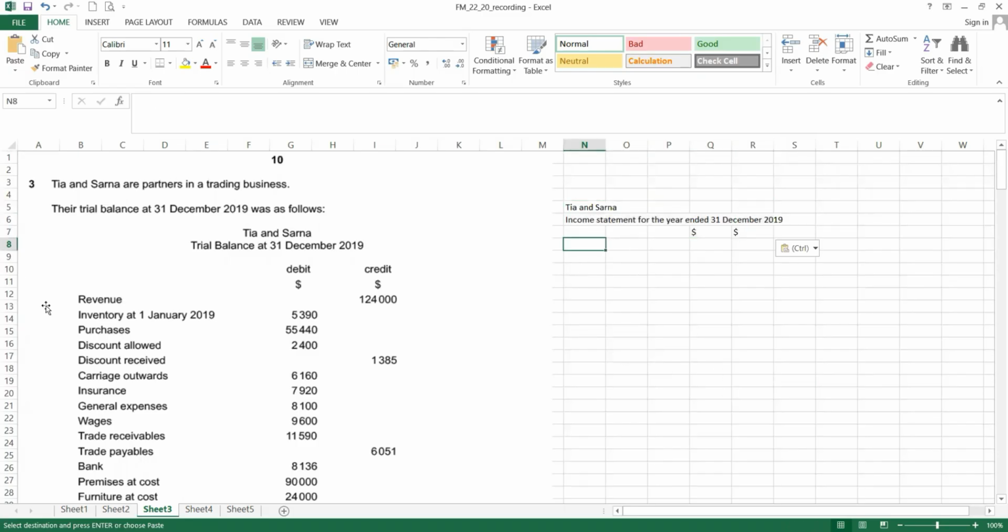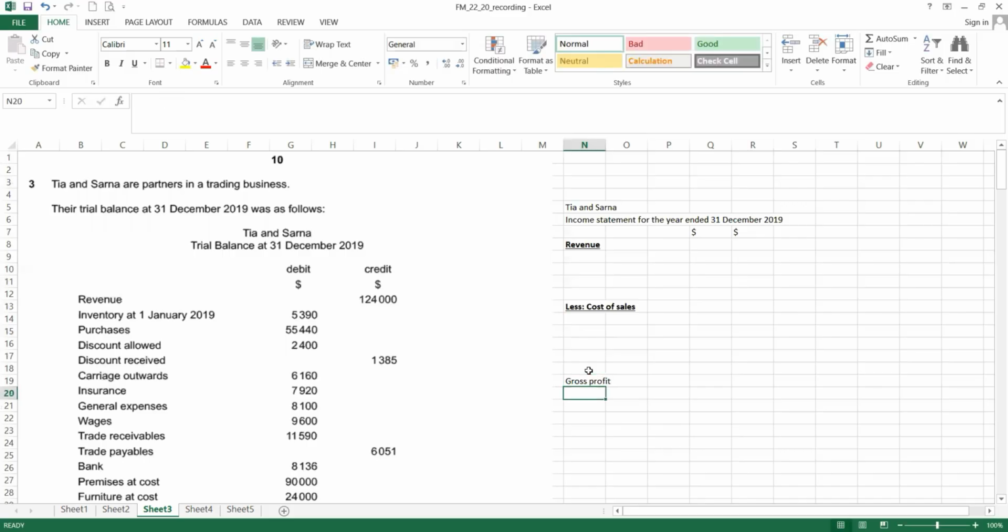Okay. Start from the revenue. There are 4 sections. I'll write down the sections first before we do the question. First section, revenue. Second section, cost of sales. Then revenue minus cost of sales, we get the gross profit.